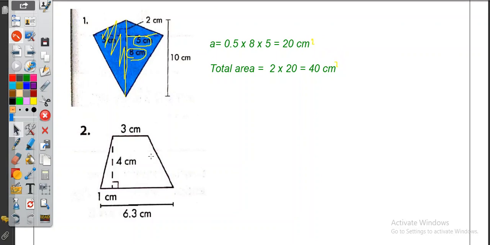Let's look at the next figure. We will find the area of this shape. As you can see, this is a trapezoid, but it's not a regular trapezoid. So what you're going to do is decompose the shape.